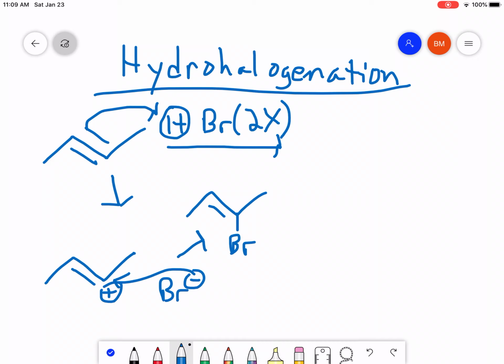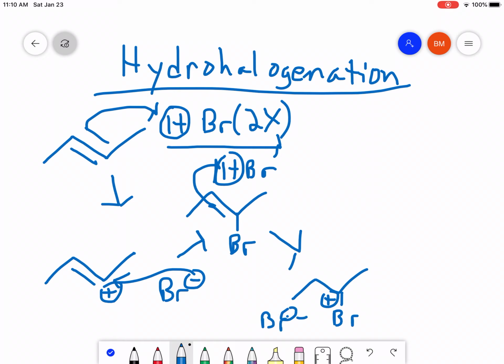The only difference is we have an extra pi bond left over at this stage. So we have an extra pi bond and an extra equivalent of HBr, so we can do it again. We grab the H there, and that leaves a carbocation at that carbon. The other Br minus can come in, and voila, we get this product.